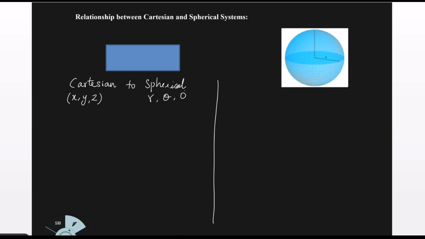So, we are going to convert to the spherical coordinate system. We are going to calculate the r value, theta value and pi value.